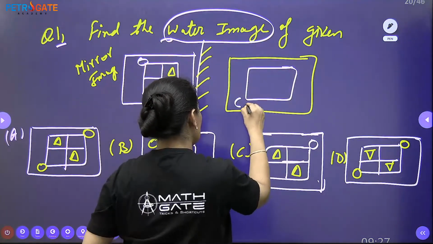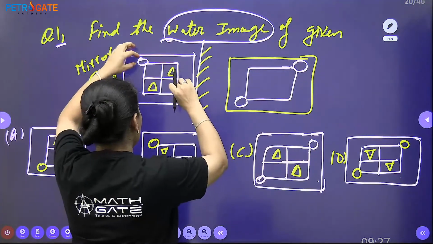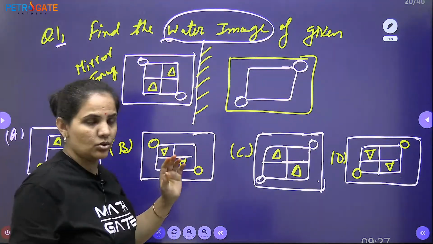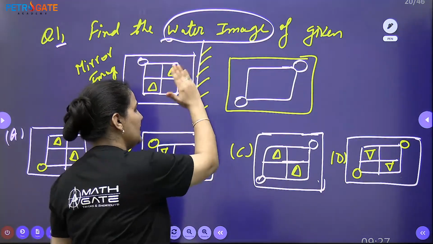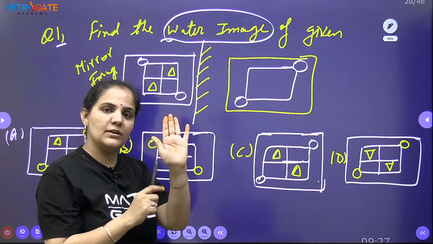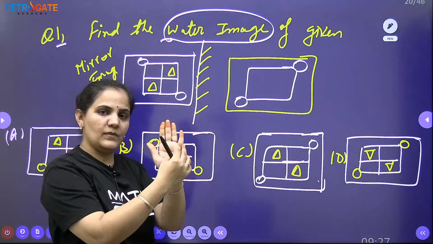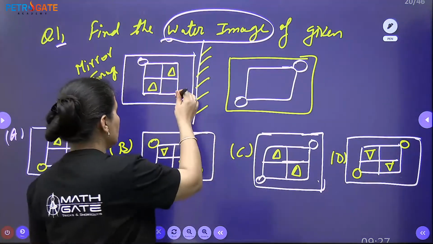So ma'am, the 0 first will be here, the next 0 will be here. Exactly what we used to do in the mirror image, we used to put the values like this, and we need to flip this one. Suppose this is my hand and I have to go for the mirror image of this one. Okay, from this side, so I need to flip this hand.